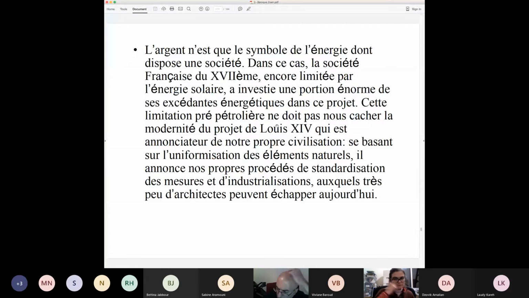Why is this process of uniformization such a fundamental element of modernity? I'll give you one example, and it is very simple.